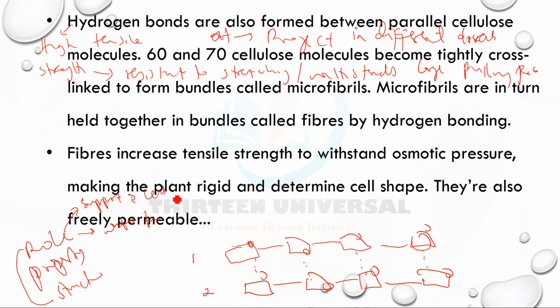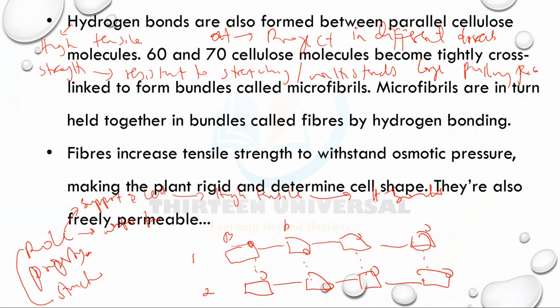Now, why does it offer strength and support? Because of its property: it has high tensile strength, meaning it is resistant to stretching and can withstand large pulling forces. Why does it have high tensile strength? Because of hydrogen bonds between parallel cellulose molecules. These hydrogen bonds are formed because cellulose molecules consist of adjacent unbranched beta glucose, rotated by 180 degrees.